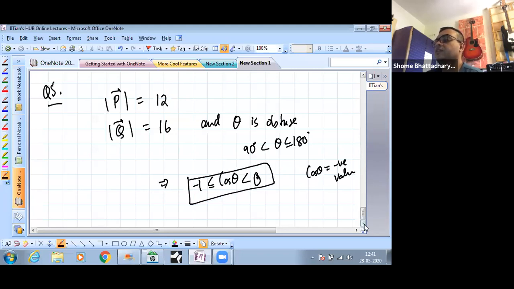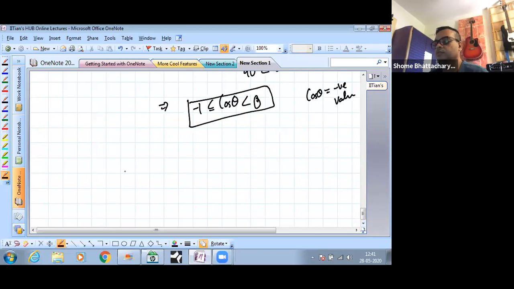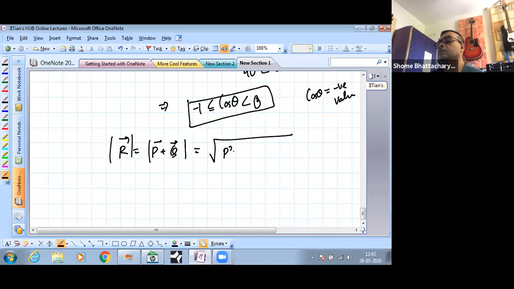So therefore, what can we say about the magnitude of P plus Q, the resultant? Now this cos theta is between 0 and, sorry, 0 and minus 1.